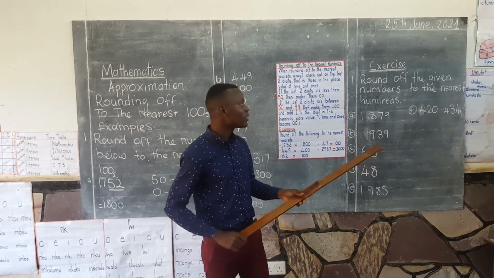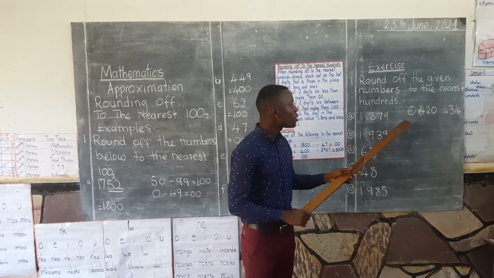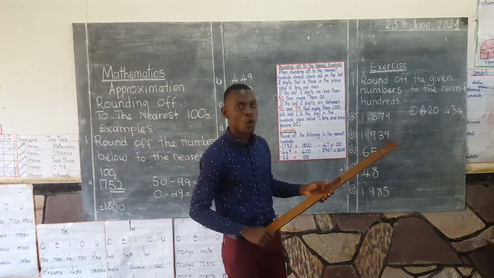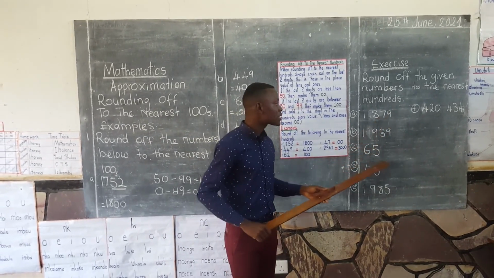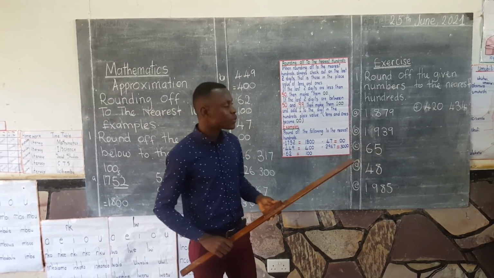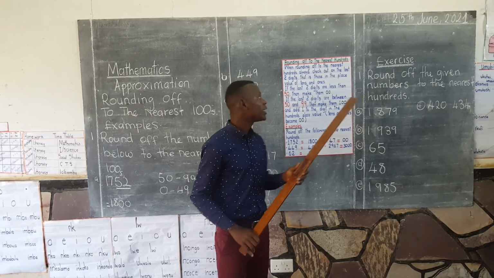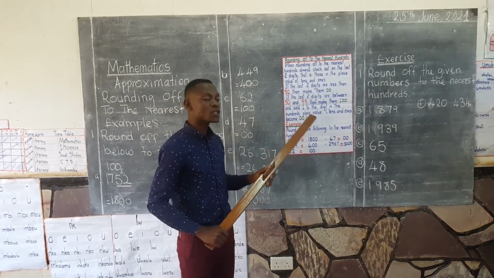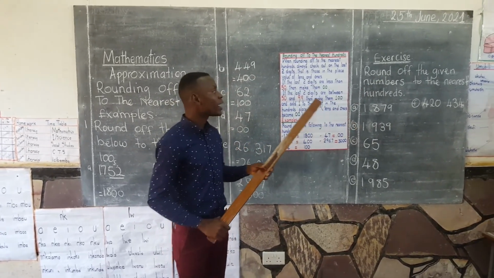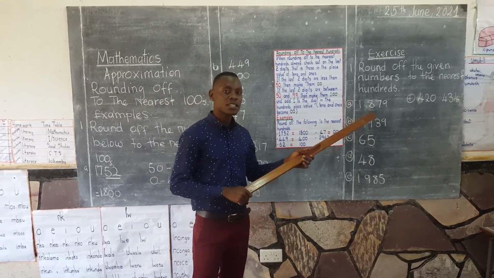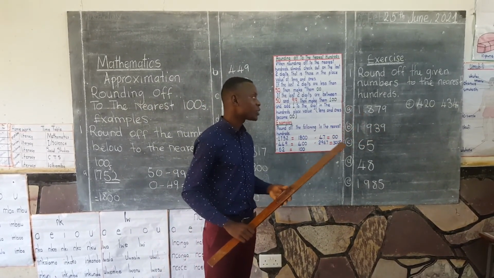And the last one says 420,434. So these numbers, I want you to practice rounding off to the nearest hundreds. Remember the principles. So this chart will help you to remember the principles so that you don't have challenges in answering these questions.